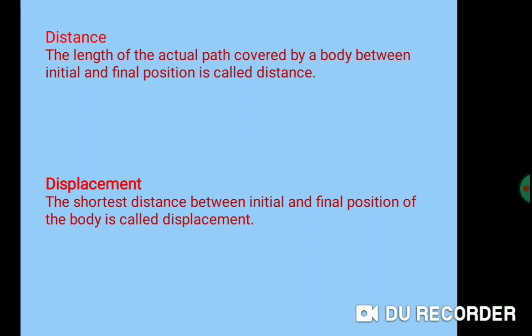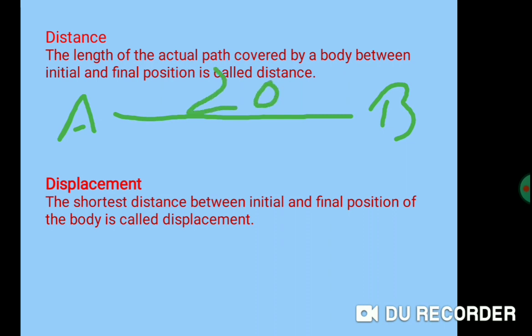Take two positions A and B. Say the distance between these two is 20 meter. Okay, then you are traveling from A to B by this road. How much distance is traveled by you? 20 meter. Is it correct?